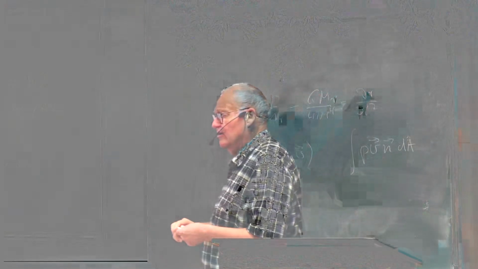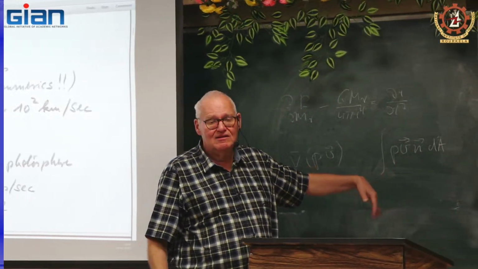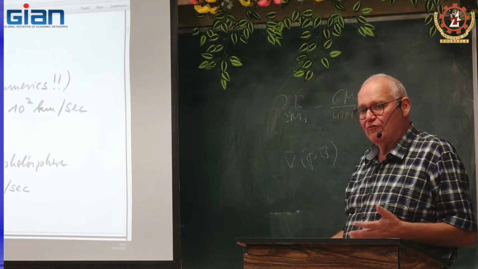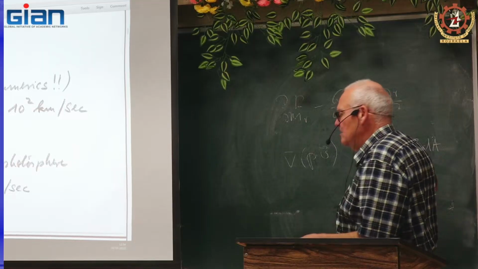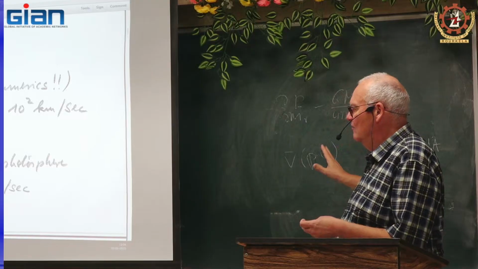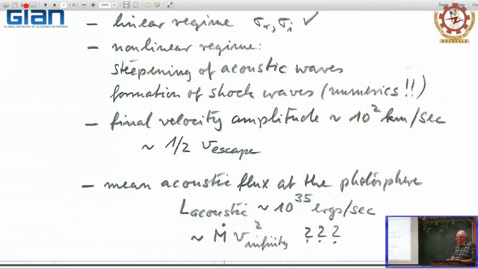This term occurring in the energy balance is the acoustic energy flux. So to say, this is what leaves the star through the photosphere. This is a non-monotonic function. It oscillates, but let's have a look. What is the energy which is transported mechanically? This is the mechanical energy flux, or the acoustic energy flux, through the photosphere of the star.